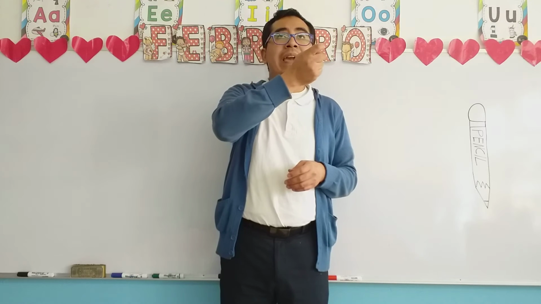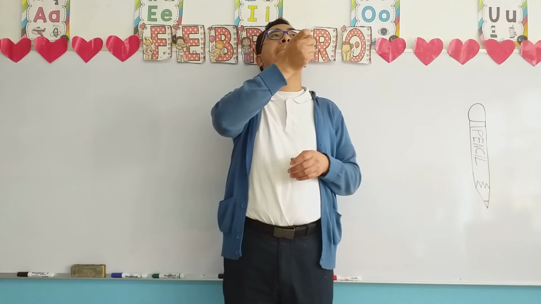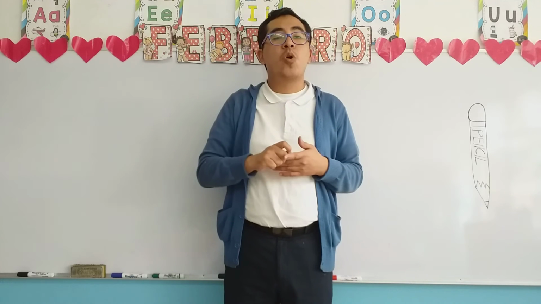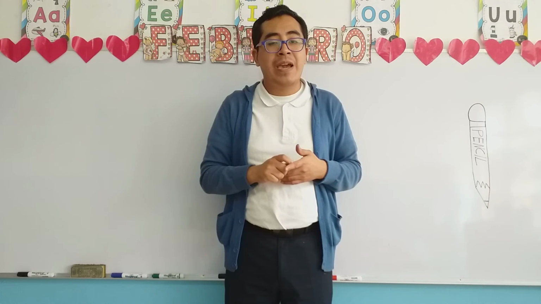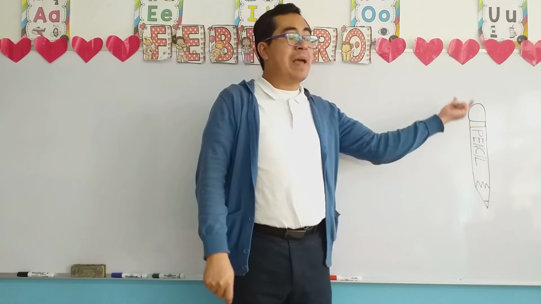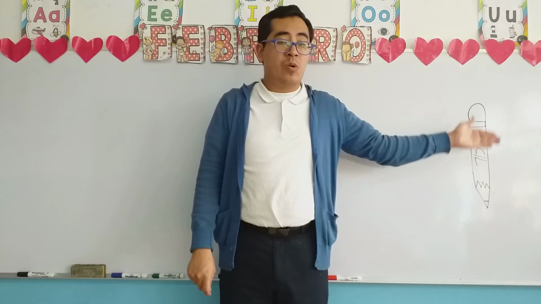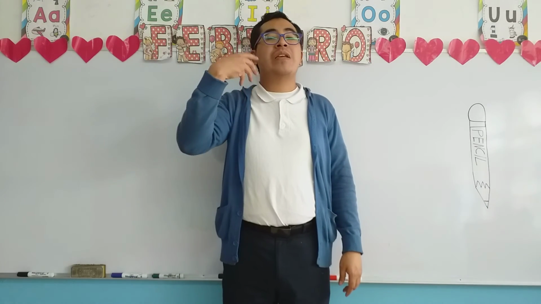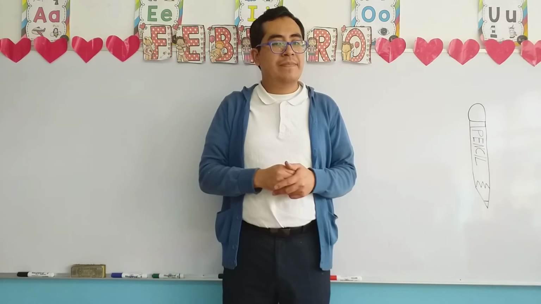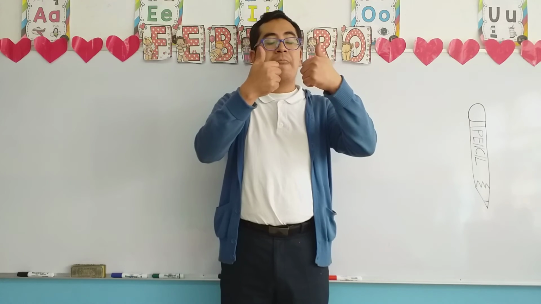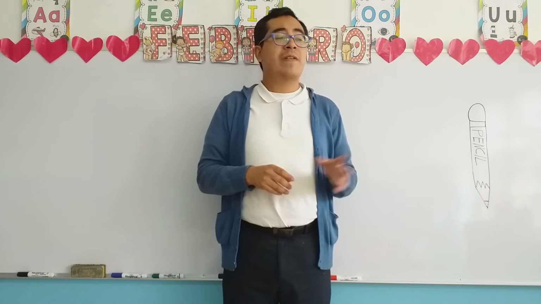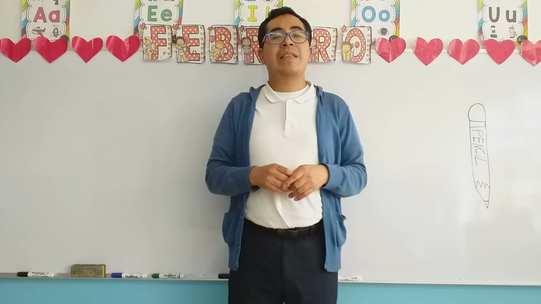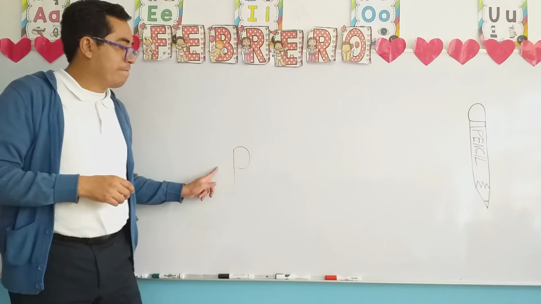And the color when you write or when you draw is color gray, okay? Aunque por apariencia la mayoría de los lápices son de color amarillo, cuando escribimos estos tienen un tono gris. Okay? Very good. And the most important part of pencil is of course that it begins with the letter P.